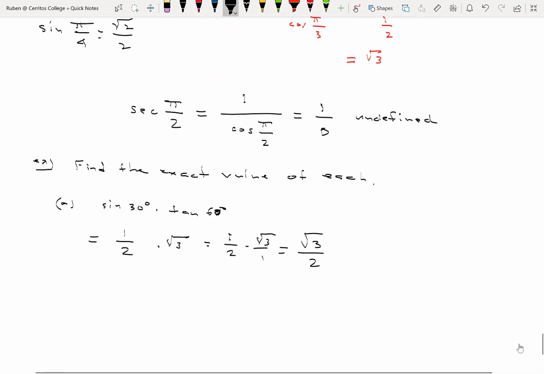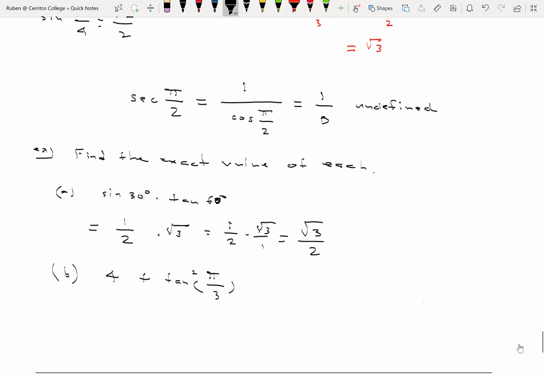Okay, so the second example, and then we'll move on. B. Suppose I want 4 plus tangent squared pi over 3.